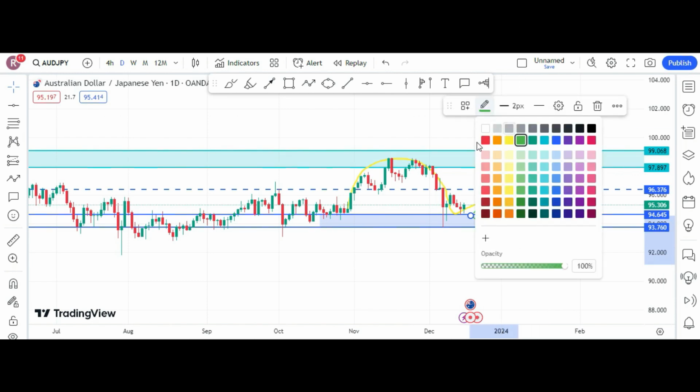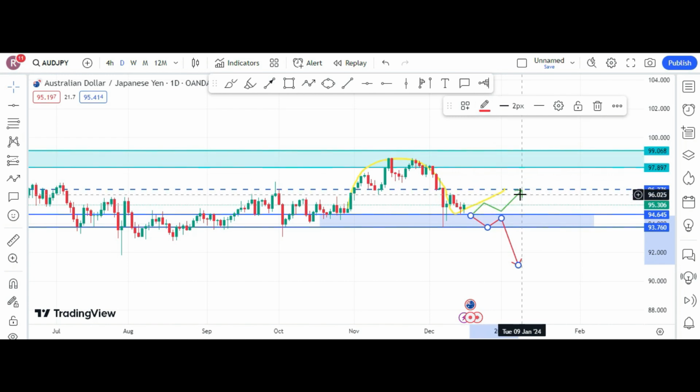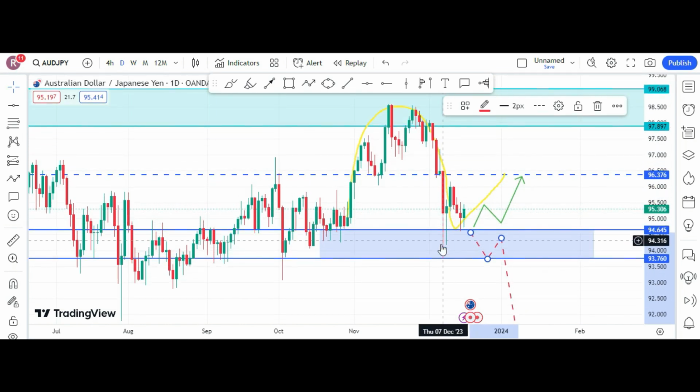And that's it for the AUDJPY. However, I give this side a lower probability, and a higher probability that it will go high initially. Then maybe once it reaches there, we'll expect it to come down, because in the price action so far, I can see that it came down, it went up, and again it came down, but it didn't break the blue line.